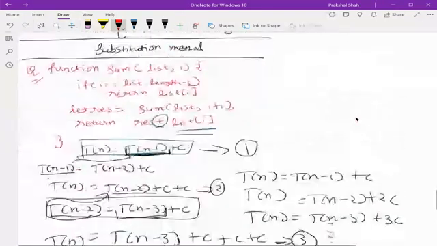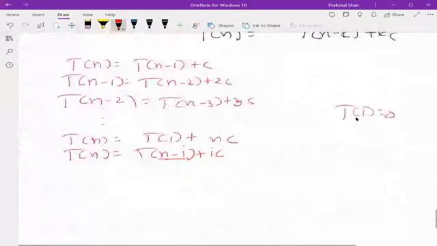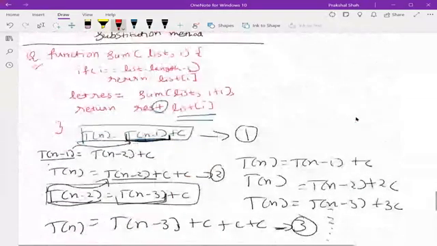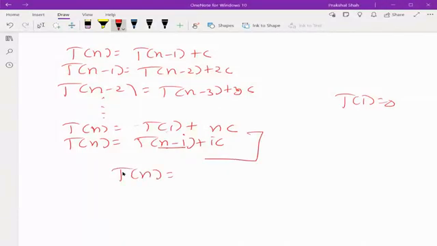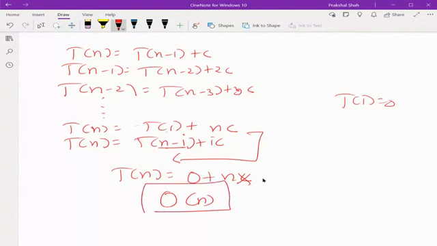Yes or no? Right? Okay, so since my T of 1 would be 0, from this particular equation, T of n equals 0 plus nc, right? Okay, c is ignorable, so can I say it will be order of n only? It's pretty simple, Priyanshu.